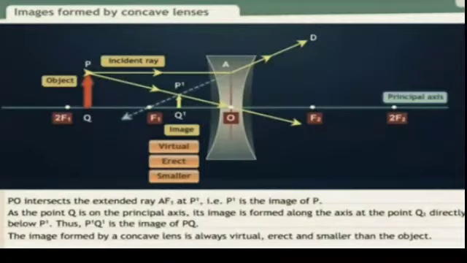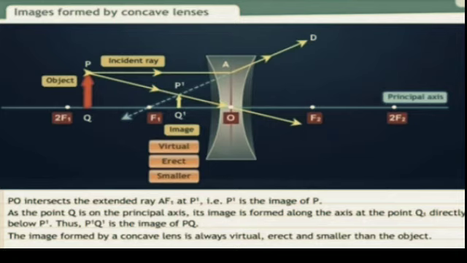As shown in the diagram, object PQ is placed between F1 and 2F1 in front of a concave lens. The incident ray PA starting from point P and going parallel to the principal axis goes along AD after refraction.